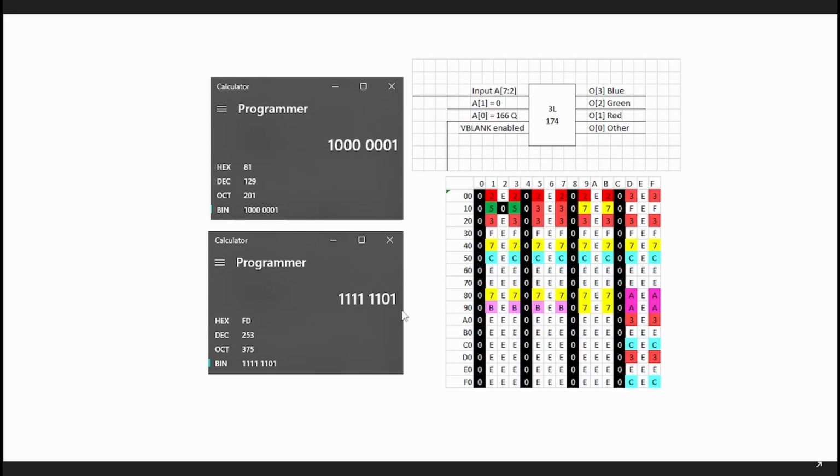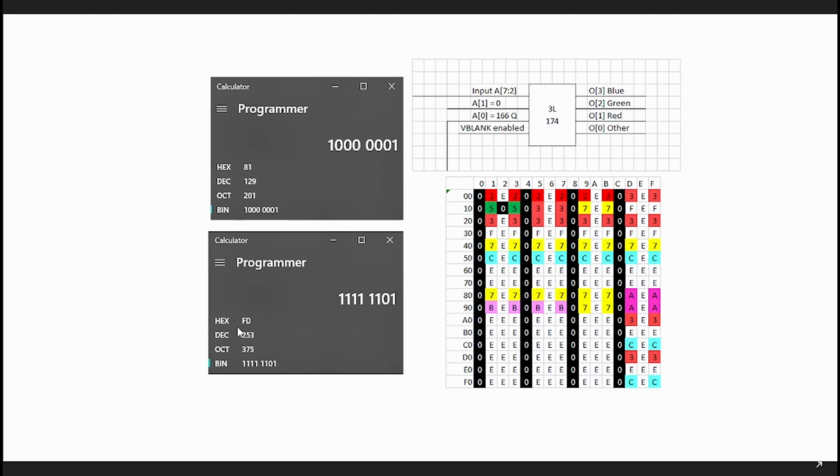Just another example here, if we put in FD hex, which is 11111101, so again that's the tile identifier, if you will, that's the pixel for the tile, and then that would be the bullet pixel.